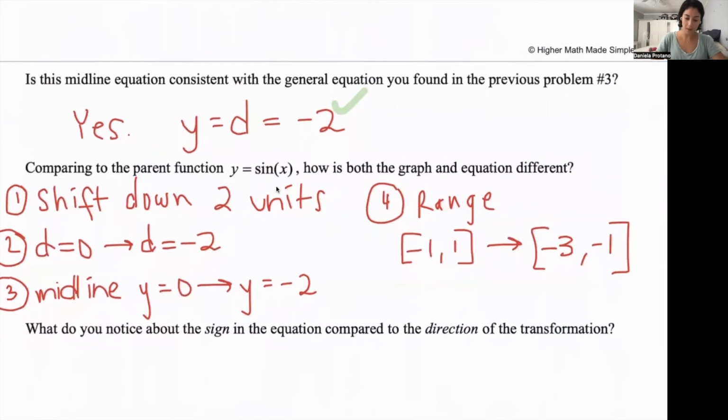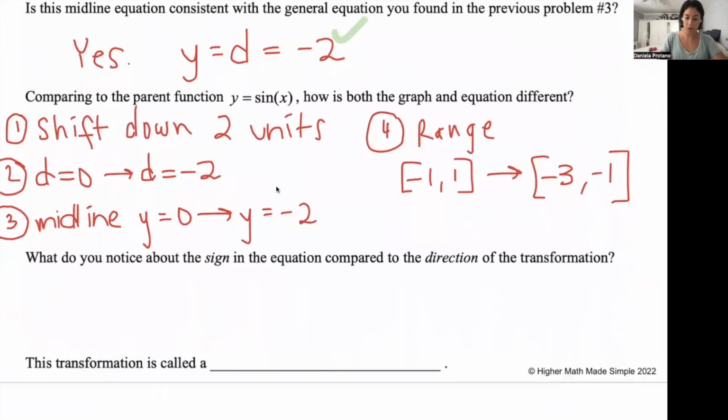So there are 4 main things compared to the parent function y equals sine of x. The graph and the equation are different in 4 of the following ways. We saw graphically that it's going to shift down 2 units, and we saw that d equals 0 changing to d equals -2. The midline is now y equals -2 instead of y equals 0, so those values are consistent.